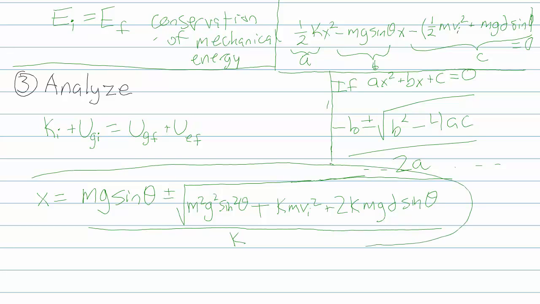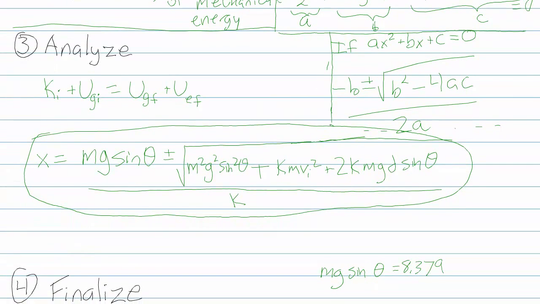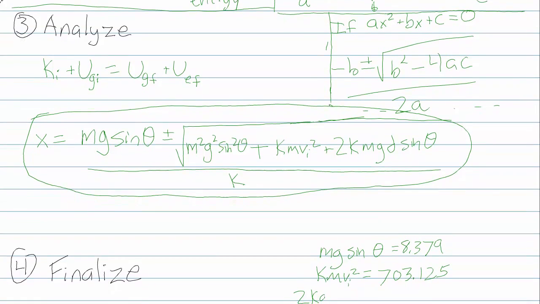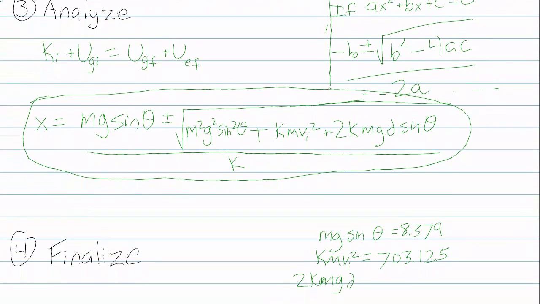If we're looking at the second problem, problem 64, which just asks us for the symbolic answer for x, we could probably simplify that somehow, but probably not too much. So let's just leave it like that. Of course, if we put in numbers, we get m g sine theta is 8.379. That squared is 70.216. k m v initial squared is 703.125. 2 k m g d sine theta is 2513.7.